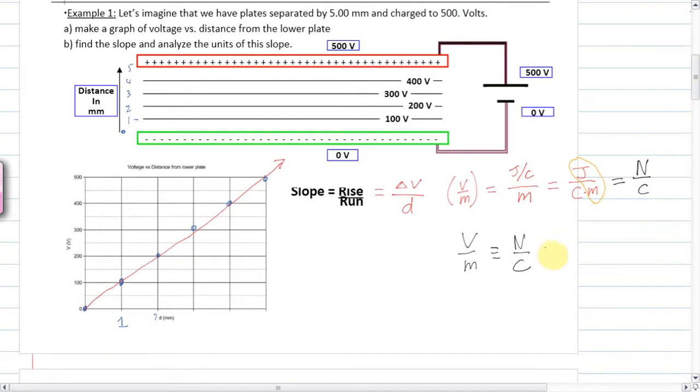What's a Newton per coulomb? E field strength. This is electric field.